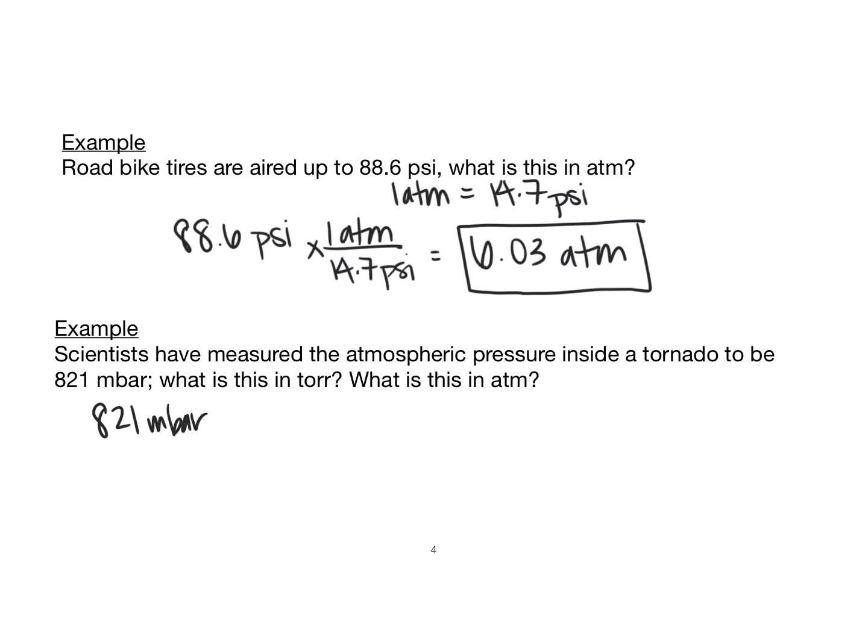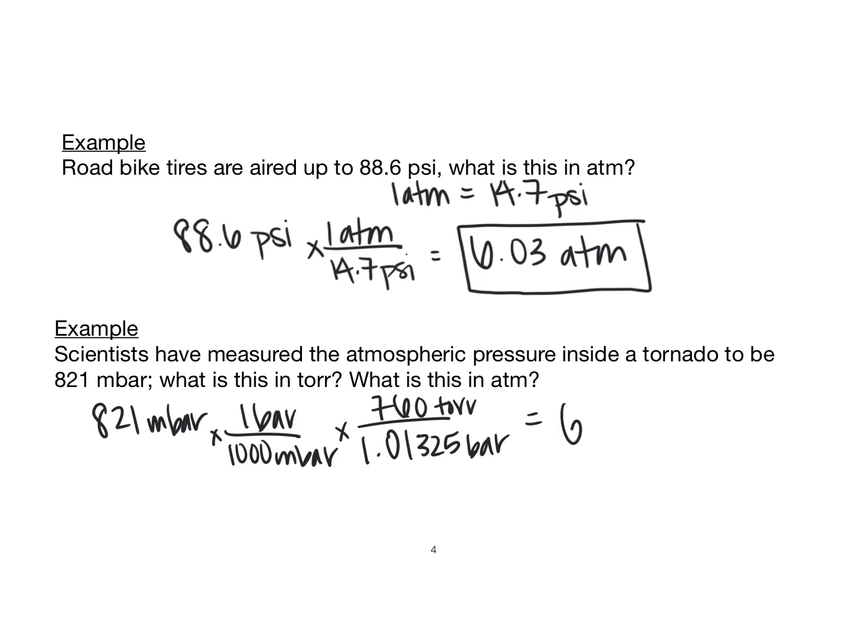We need to convert that first to bar. There are 1,000 millibar in 1 bar. And there are 1.01325 bar in 760 torr. And so this gives us 616 torr.